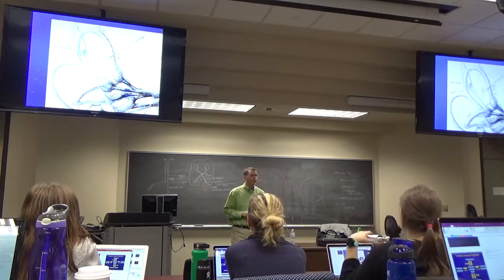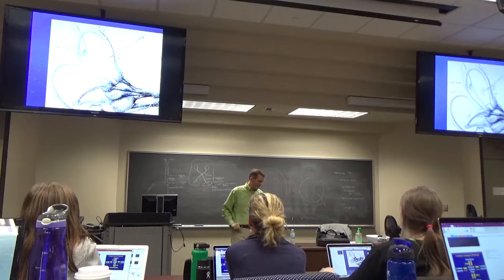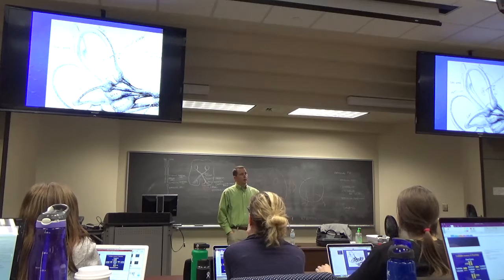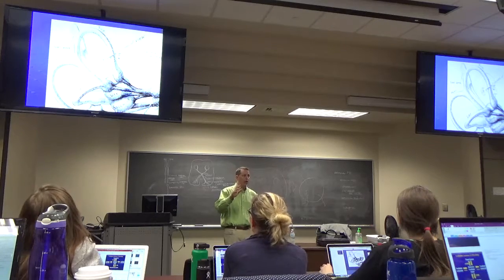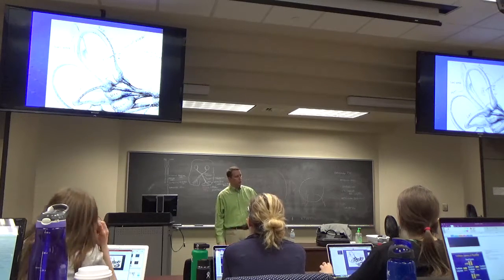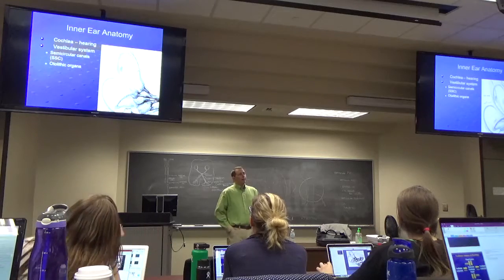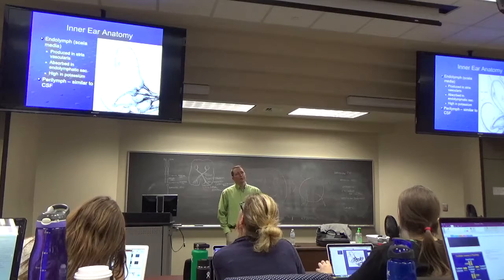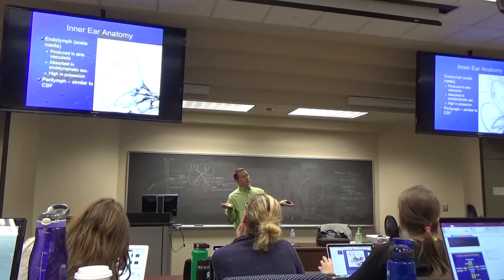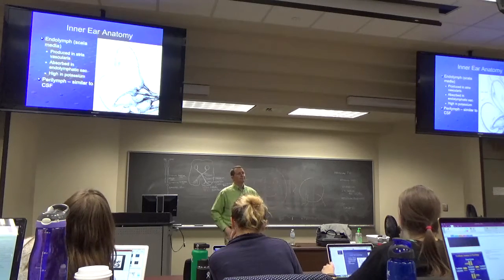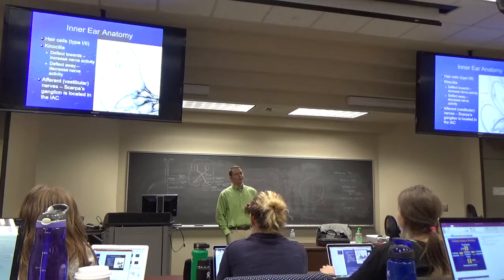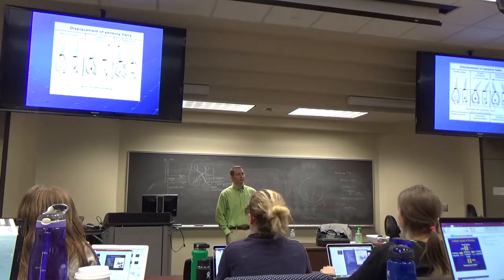So here's a stylized picture of where the utricle and the saccule are and the horizontal semicircular canals. We talked about that. We're going to skip over the fluids. You have fluid in your inner ear. Okay? You can affect that fluid in your inner ear, and I'll tell you how in a little bit.